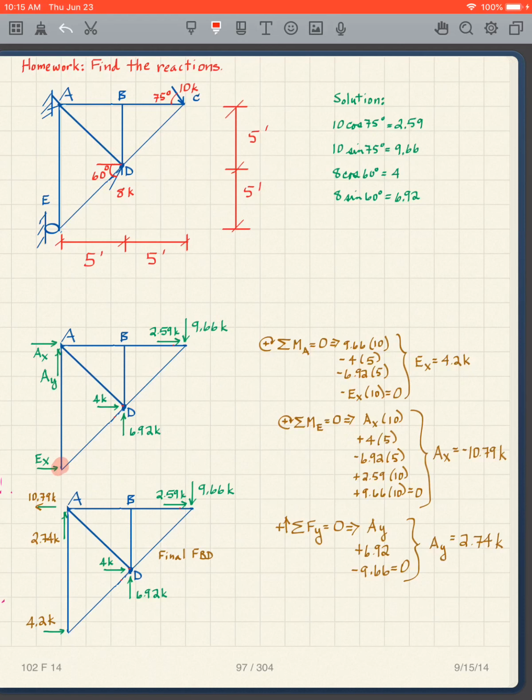We have AX times 10. The line of action of AY goes through the point, so I don't consider it. I have 2.59 times 10.